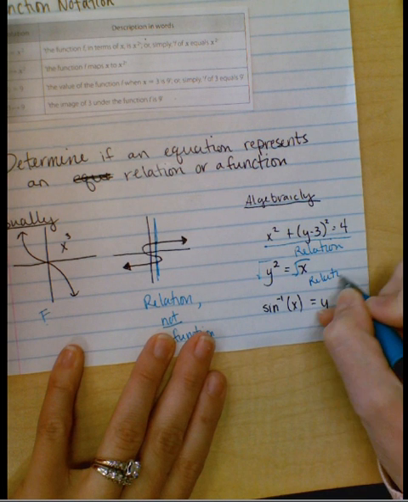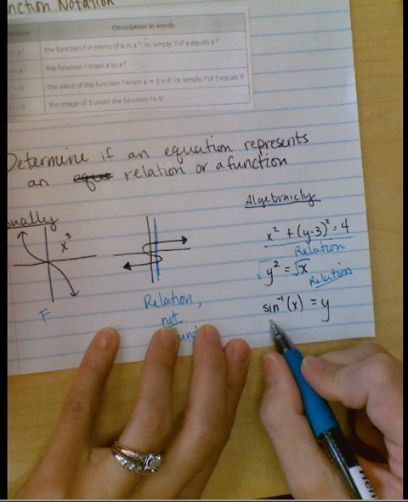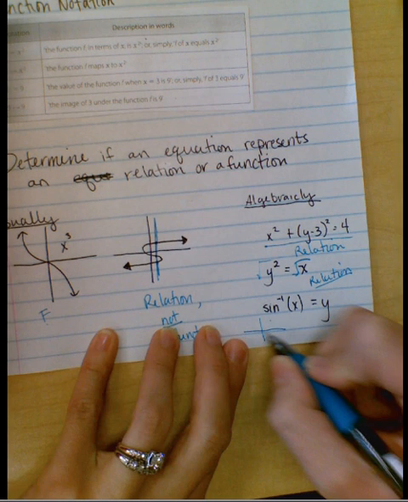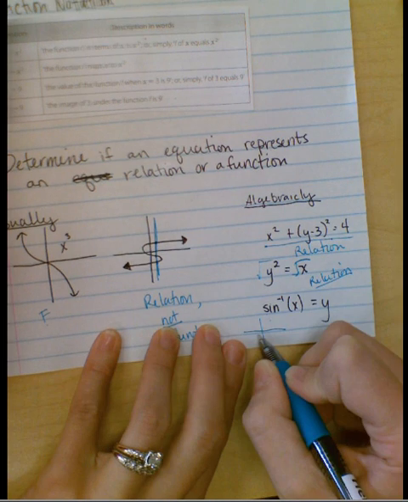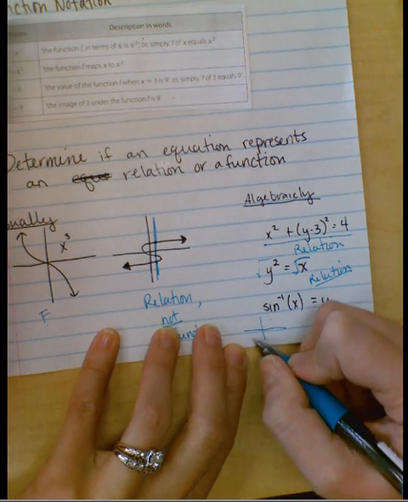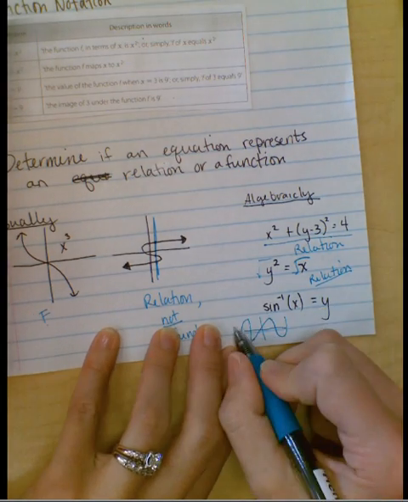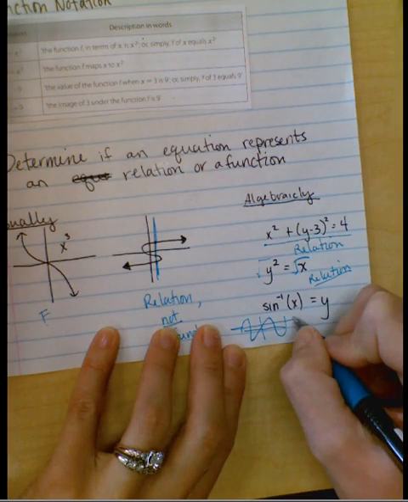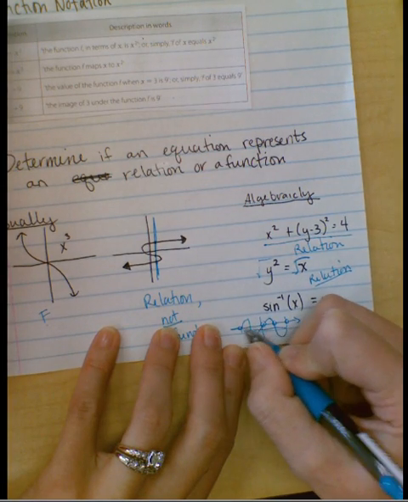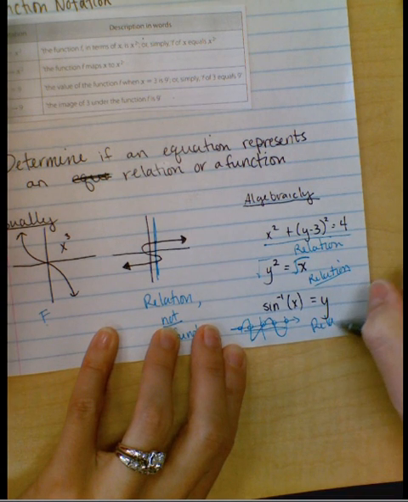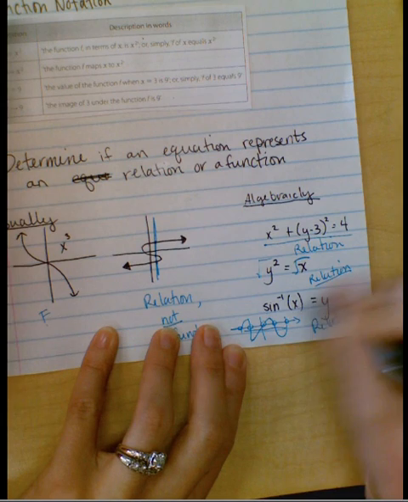Unless domain restrictions. Okay, think back to this one. This is the inverse of sine. So if I graph sine, and I took the inverse of it, remember the horizontal line test? Its inverse is not a function. So this is a relation unless you have domain restrictions.